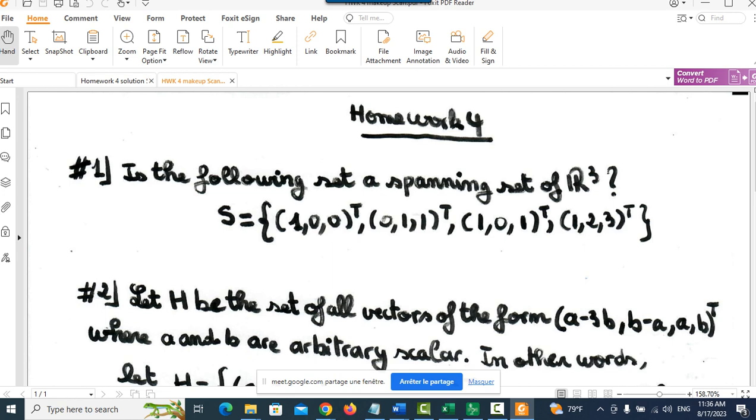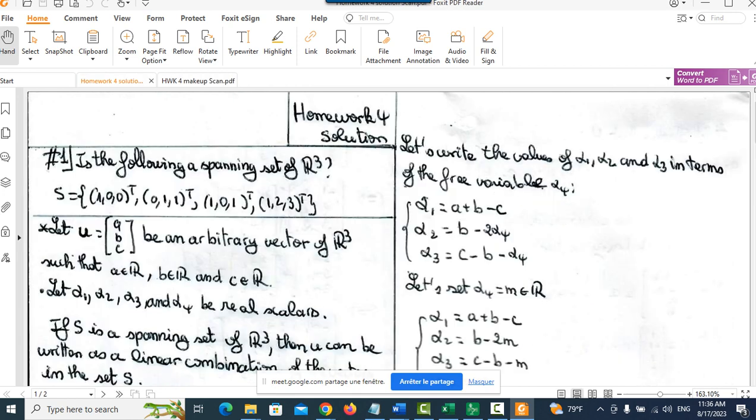To do so, what we need to do is take an arbitrary vector in R3. R3 is the set of all vectors with 3 components. So I randomly select one vector from R3, such that a, b, and c belong to the set of real numbers.